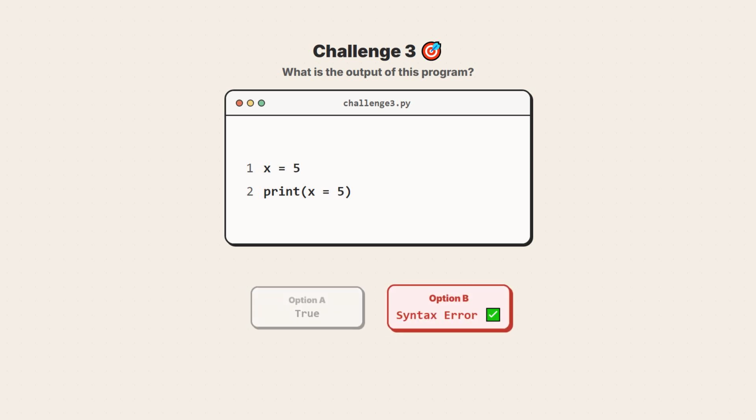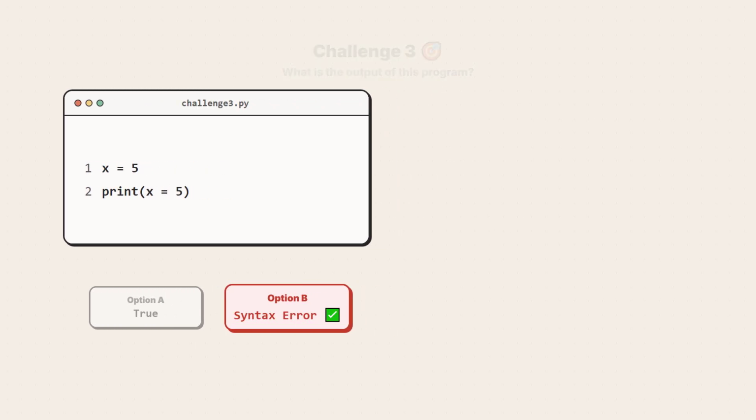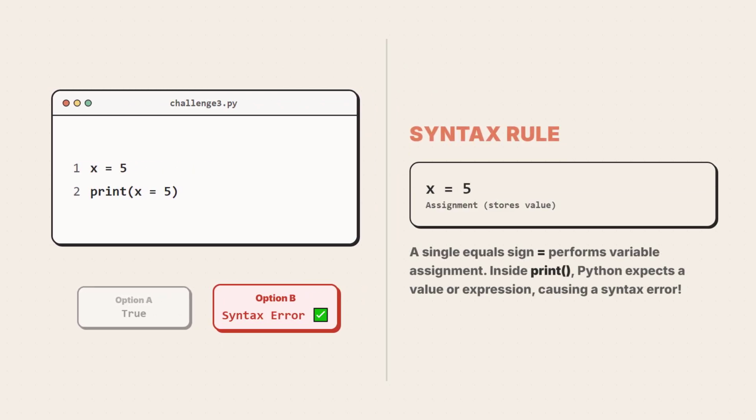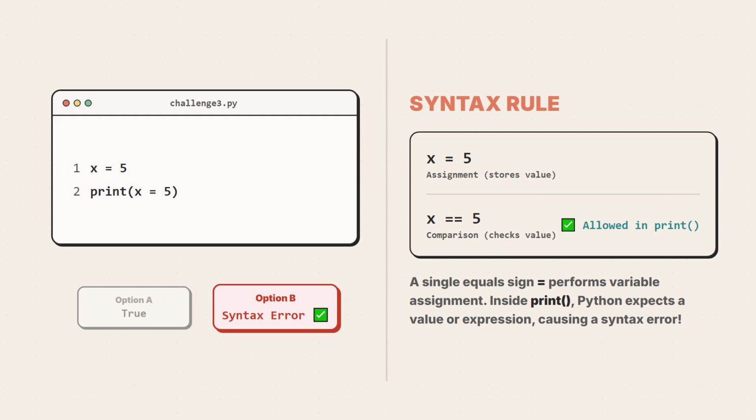The answer is option B, syntax error. A single equals sign assigns a value to a variable. To compare values, we must use double equal. Writing print(x = 5) causes a syntax error because Python expects an expression, not an assignment.